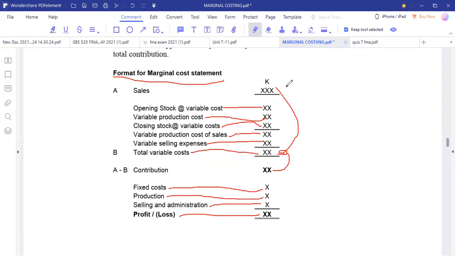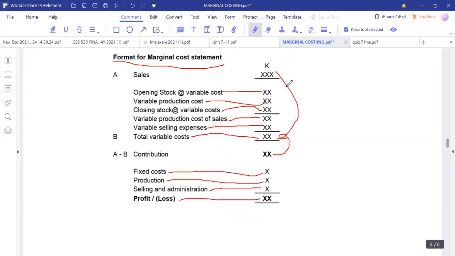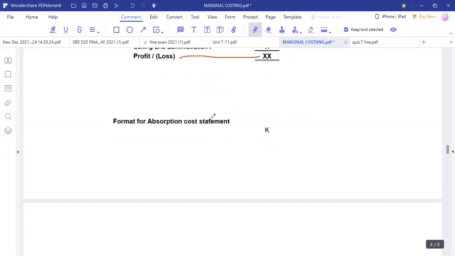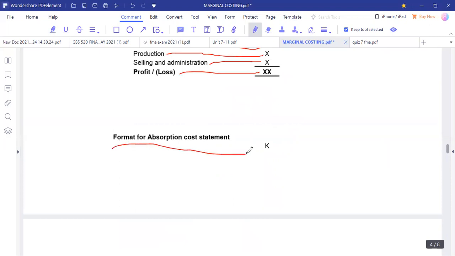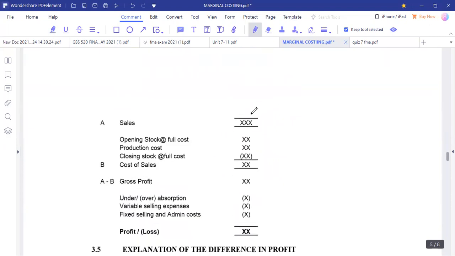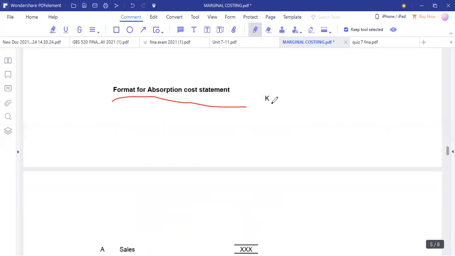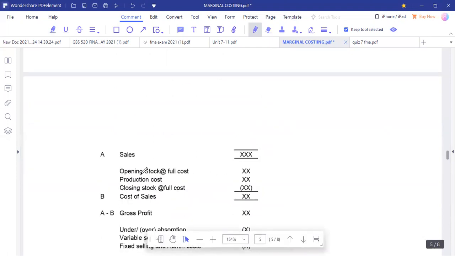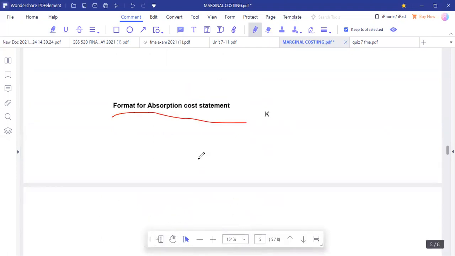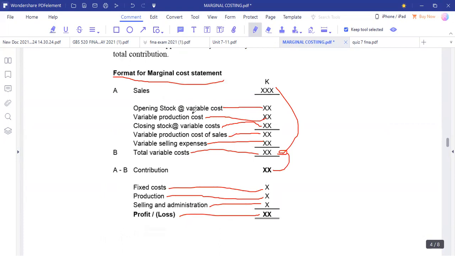All right. So these notes will be there as we look at an example. We can even refer to the notes, and where there are any other issues, we'll be able to explain again. So now let us get into the format for absorption costing. So for absorption costing, you record the sales here. Then opening stock at full cost, but here it was opening stock at variable cost. That's a difference.